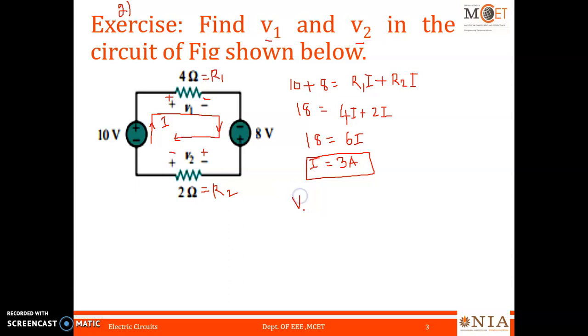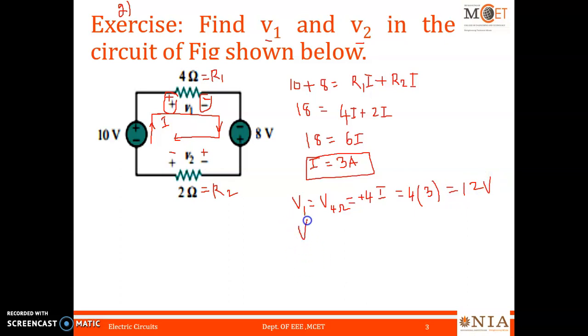The voltage drop across R1, that is V1, the 4 ohm, equals 4 into I. Here the conduction path and the available voltage drop are in the same direction, so plus 4 into I, which is 4 into 3, equal to 12 volt.